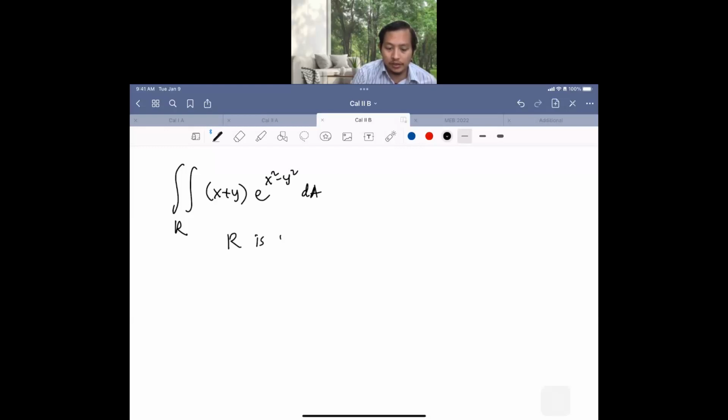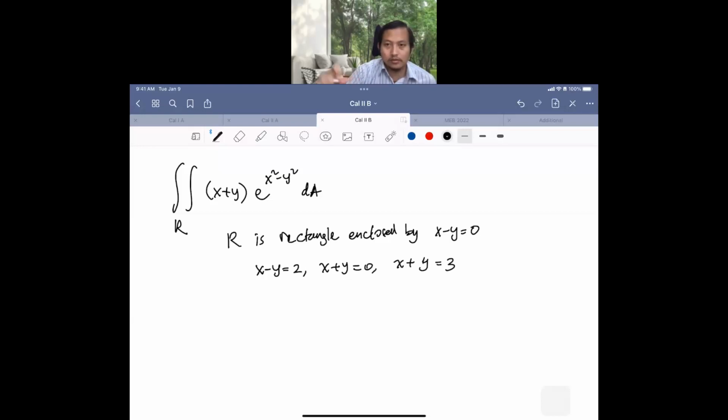R is a rectangle enclosed by these lines. So evaluate this double integral.